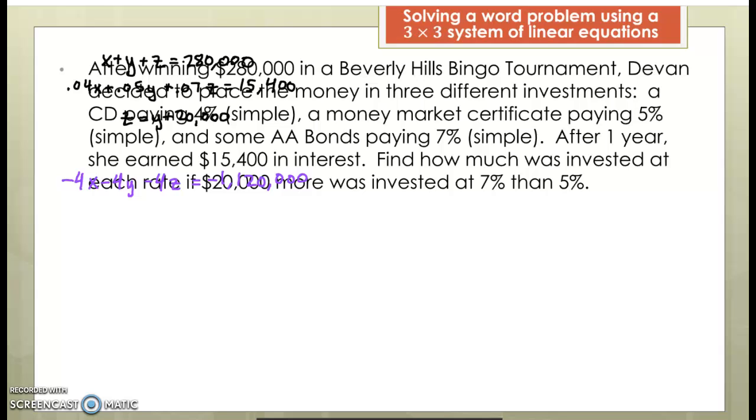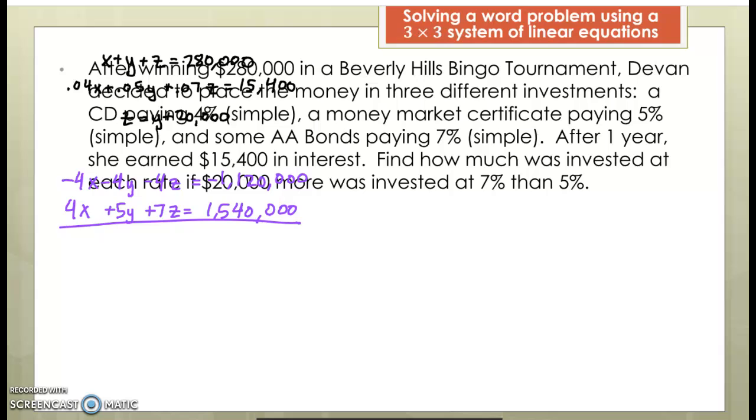And then if I were to multiply the second equation by 100 to get rid of those decimals, I would end up getting 4x plus 5y plus 7z equals 1,540,000. Why did I do that?